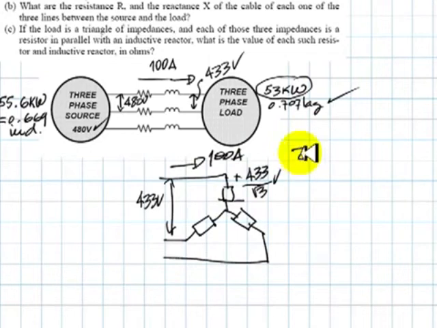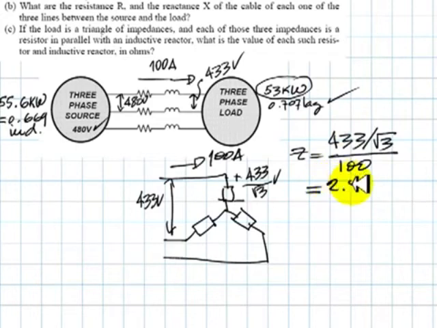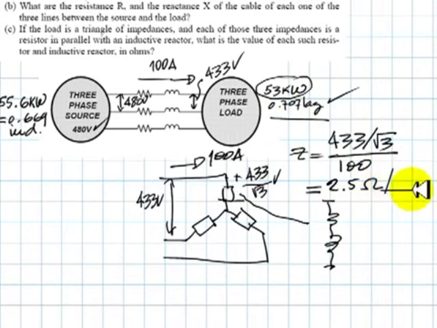That impedance, its magnitude is 2.5 ohms. If those 2.5 ohms can be represented as a resistor in series with an inductor, those 2.5 ohms would have the same angle that is dictated by the power factor, which is arccosine of 0.707, which is 45 degrees.